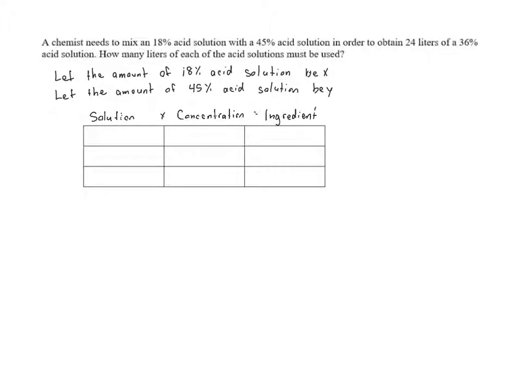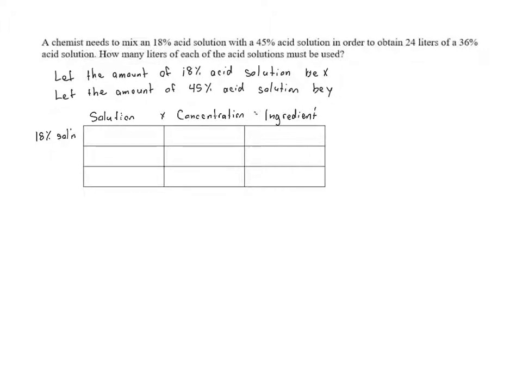And then we have to label the rows. And it's important to do this in the right order. The first two rows are going to represent the two solutions that are our starting solutions. In this problem, they say the chemist needs to mix an 18% acid solution with a 45% acid solution. So the first one is going to be the 18% solution.